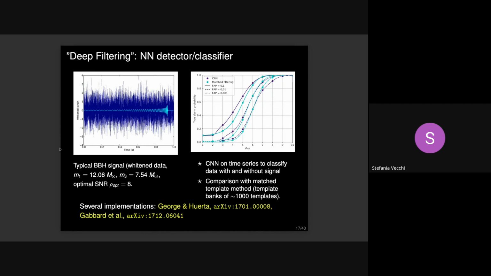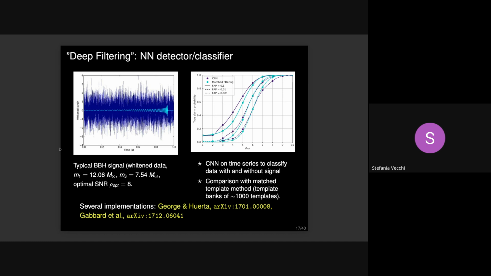This is a piece of data, 1 second of the data, in which there is an event, a binary inspiral of 2 black holes of these masses, with an optimal signal to noise equal to 8. So this is kind of a threshold value. If it were not plotted here, you probably would not see that it's there.